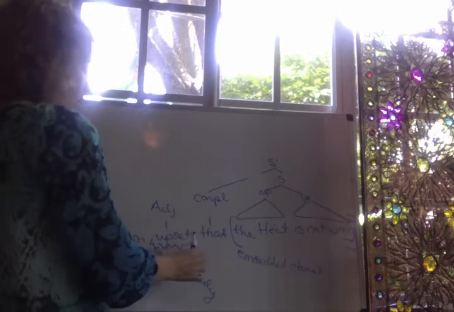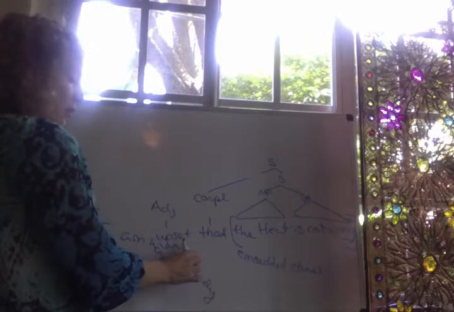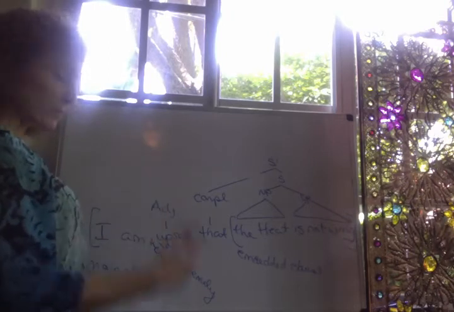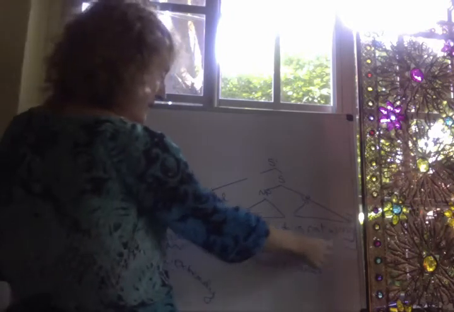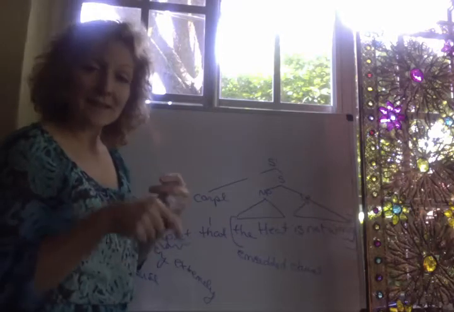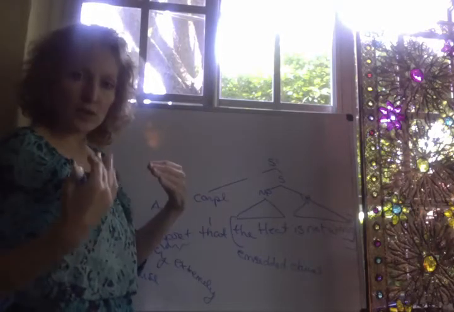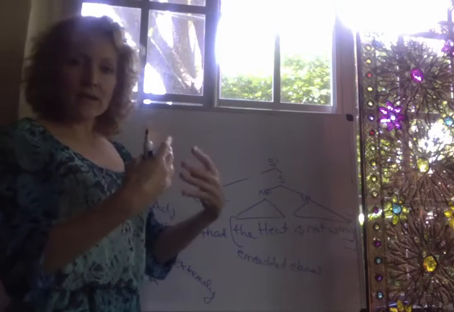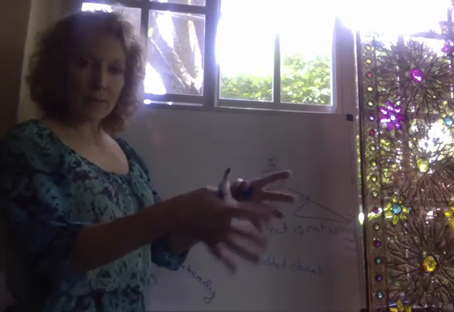So, what's going on that's different here? What is the thing that makes you upset? What's the cause of your being upset? Is that the Heat is not winning. So that's why we say that the Heat is not winning in this sentence is a complement to the adjective. In other words, it's the thing that is creating the mood of being upset.